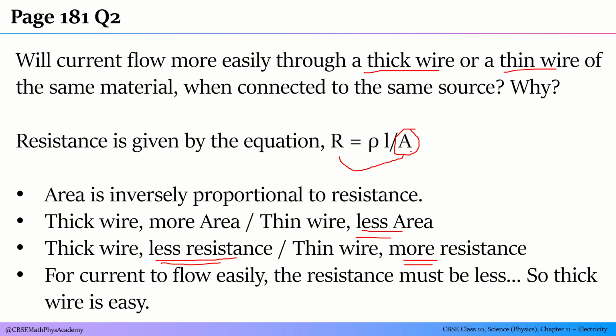Put area equal to 10 and see what the resistance is. Then you'll understand what these two lines mean. So for the current to flow easily, the resistance must be less. This R is less when the wire is thick. So a thick wire is easy for the flow of current.